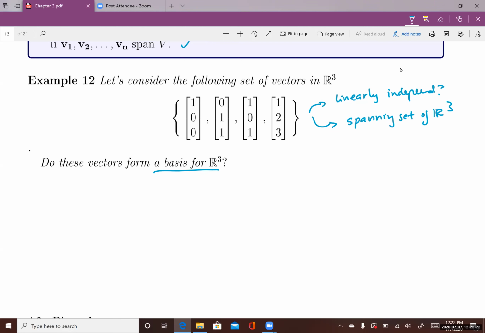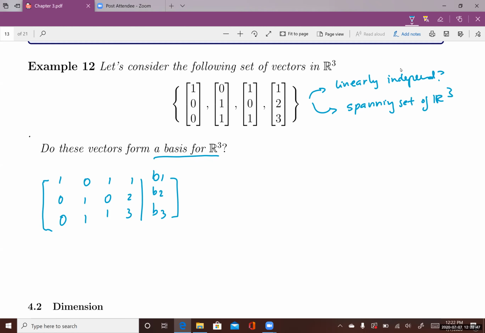So to answer these two questions, I want to put these vectors in a matrix, and I will augment this matrix with a generic vector b1, b2, b3.